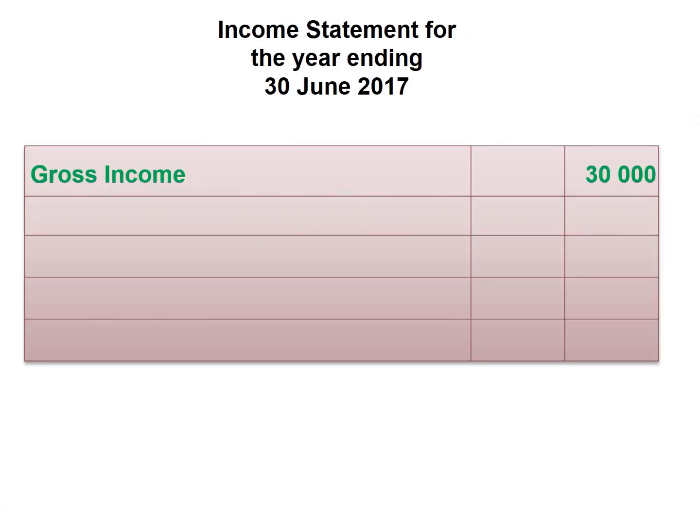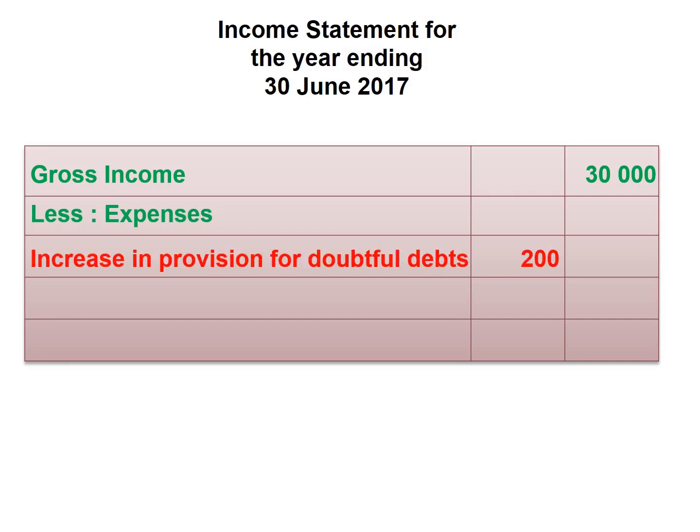Let's have a look at our income statement for the year ending 30th of June 2017. This is an extract of our income statement. We'll start with gross income, less expenses, and under our expenses, we will put in our increase in the provision for doubtful debts of $200.